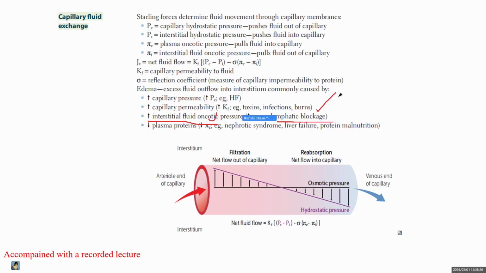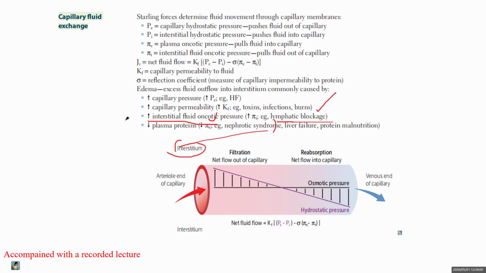Because normally the lymphatic system constantly removes the proteins from the interstitial spaces, but if we have a lymphatic blockage, what is going to happen? The proteins start building up outside the capillary and pull more and more water into the interstitium. So remember, the increased pi I, the interstitial fluid oncotic pressure, pulls the fluid out of the capillary and edema will happen.